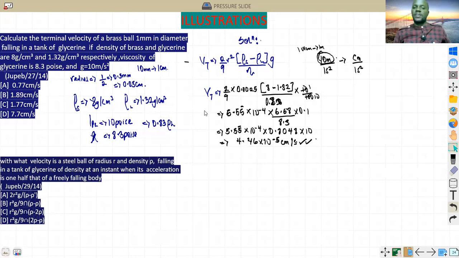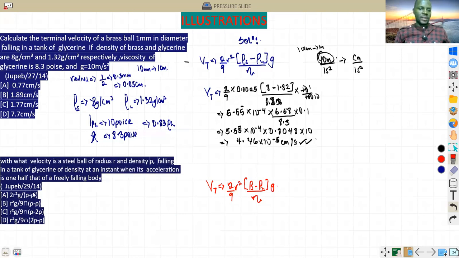We don't need to waste our time. We have studied Stokes' law and the formula for the terminal velocity, which will be 2/9 r squared, open a bracket, rho of solid minus rho of liquid, divided by eta, multiplied by g.